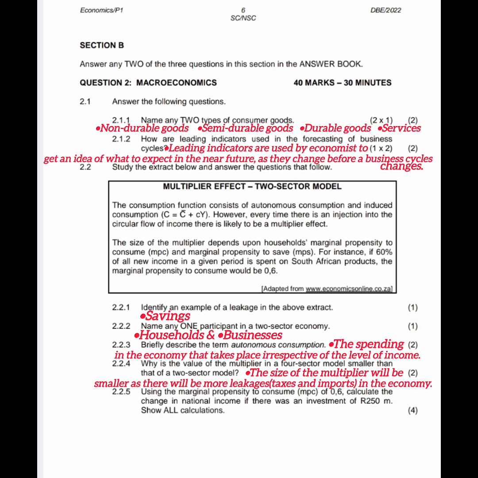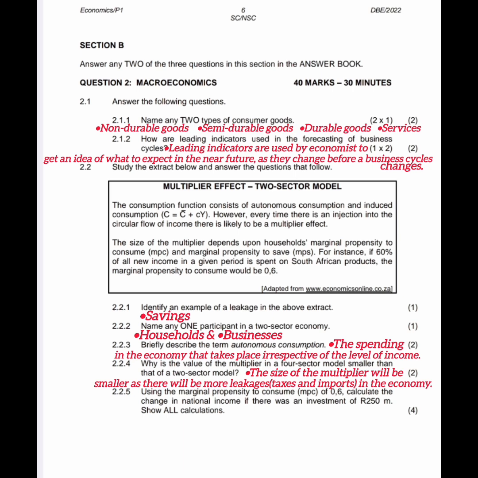And then 2.2.5, using the marginal propensity to consume of 0.6, calculate the change in national income if there was an investment of 250 million. So this M stands for million. Show all calculations. So let's calculate.